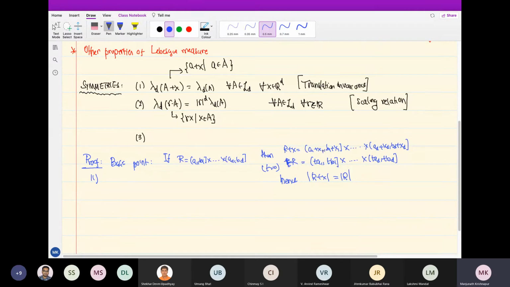When you subtract, you just get b1 minus a1, b2 minus a2, up to bd minus ad. There is no problem. Here, when you do the subtraction, this becomes Tb1 minus Ta1 times so on, up to Tbd minus Tad, which is T to the power d times the volume of R. So the point is this property holds for rectangles, and therefore, if you go through the outer measure and so on, the outer measure itself has this property.